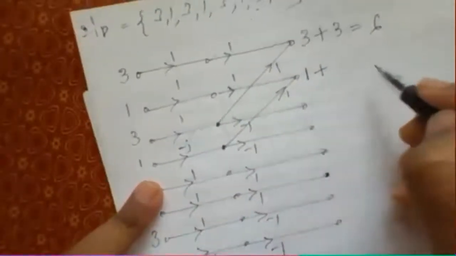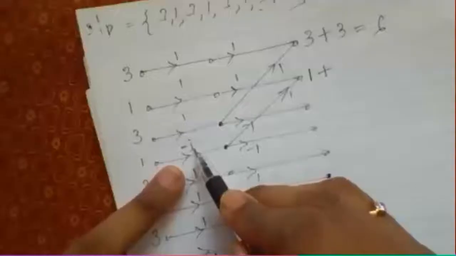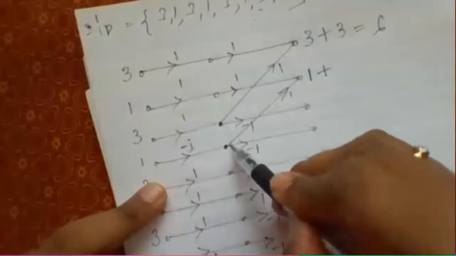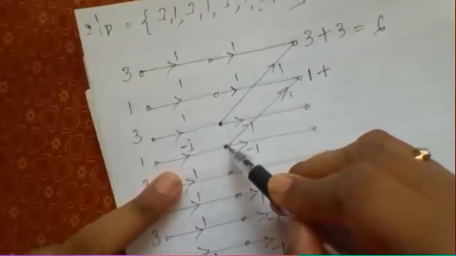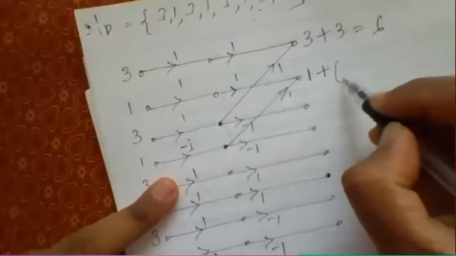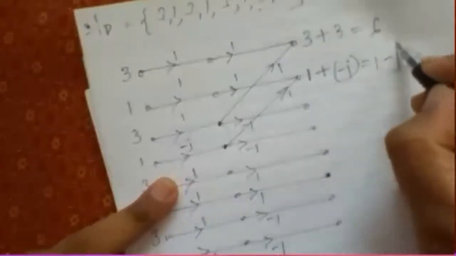First write 1 plus only; later we will see if there is any sign change. 1 into minus j. That product, minus j, will directly be added. Therefore the second answer will be 1 minus j.